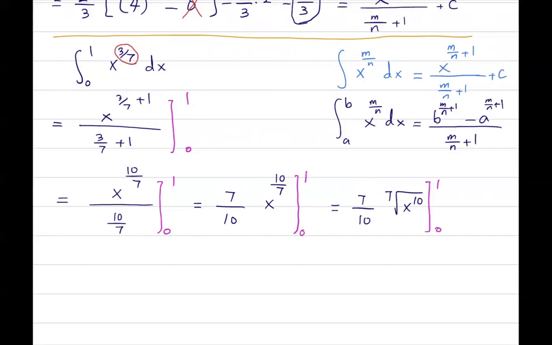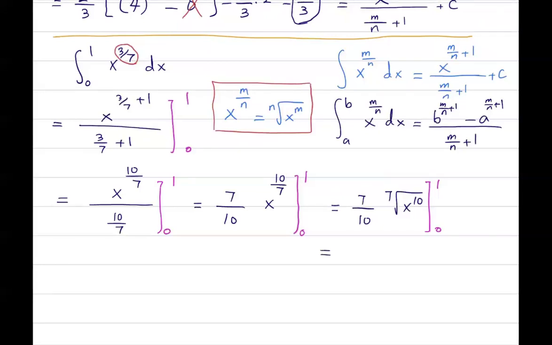But again, remember that if you have x to power m over n, this is the nth root of x to the m. If you remember the algebra, the definition of root function or root expression, this is as simple as that.